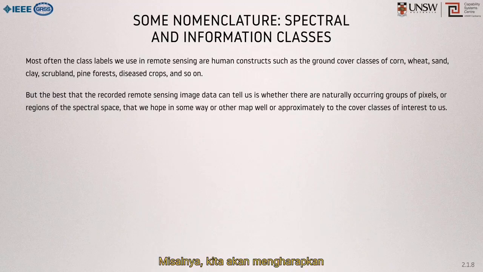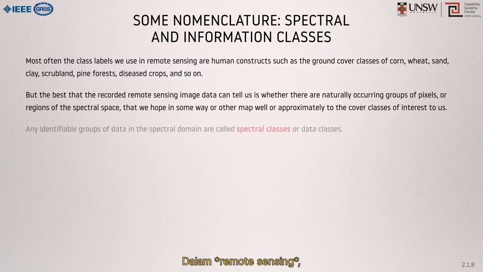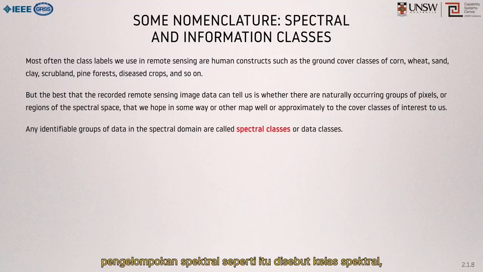For example, we would expect that pixels recorded by an instrument will tend to group in regions in spectral space if they belong to areas on the ground that exhibit the same spectral response. In remote sensing, such spectral groupings are called spectral classes or sometimes data classes, since they are the natural groups or classes in the data.